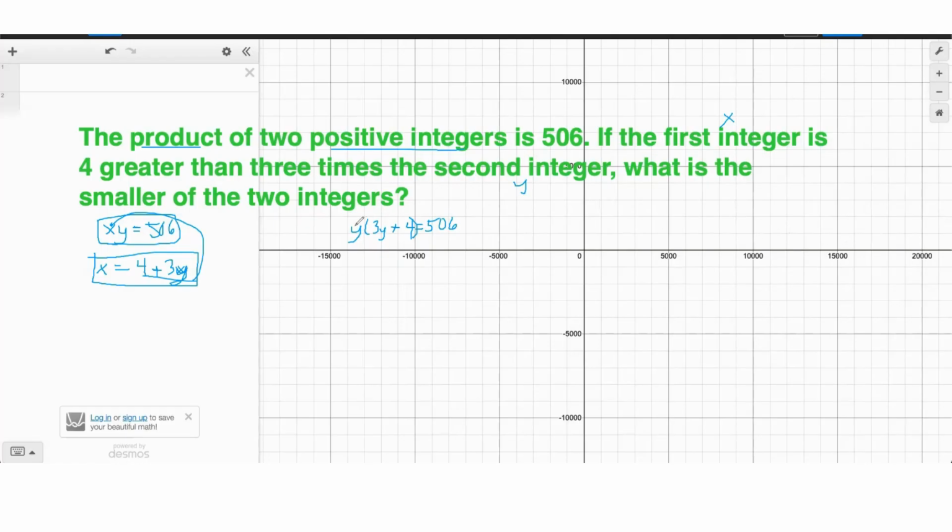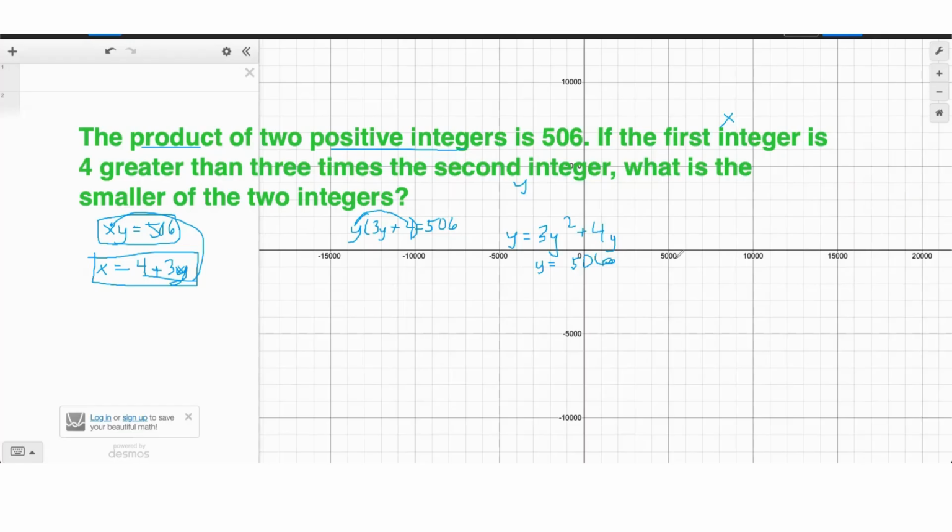I'm going to go ahead and distribute my y here for both of them. And this means that my y times x equals 3y squared plus 4y, and that equals 506, the other equation.